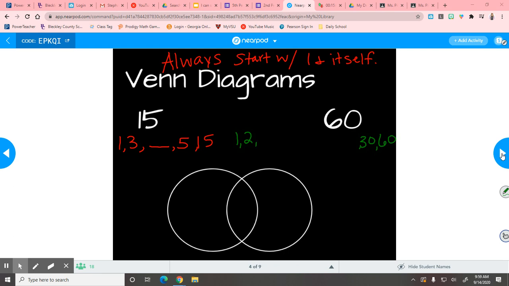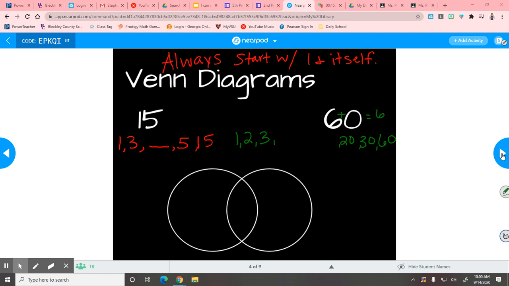Yes. Our rule for 3 is if the sum of the digits is a multiple of 3. So if I add 6 plus 0, I get 6. So we know 3 will work. 3 times what is the question? 20. Will 4 work?